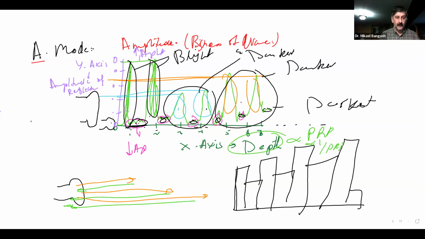Where, of course, this amplitude is going to be directly proportional to the power and intensity. But please keep in mind, guys, that is going to be the power of the reflection, and the intensity of the reflection.